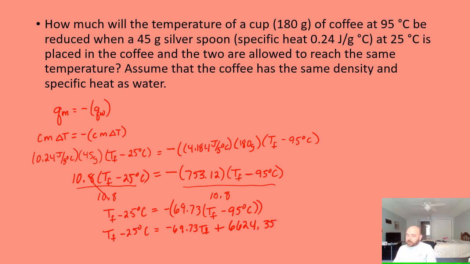All right. Now we can add 25 to both sides. TF equals negative 69.73 TF plus 6,624.35 plus 25 equals 6,649.35.